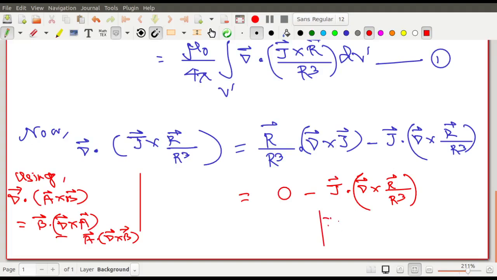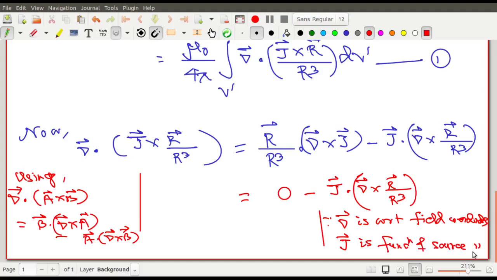Why? Since this one is with respect to which coordinate? It is with respect to field coordinates. This one is with respect to field coordinates. And this J vector is a function of what? J vector is a function of source. J is a function of source coordinate.